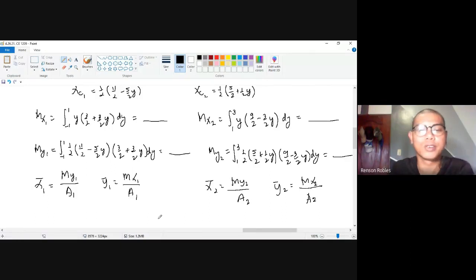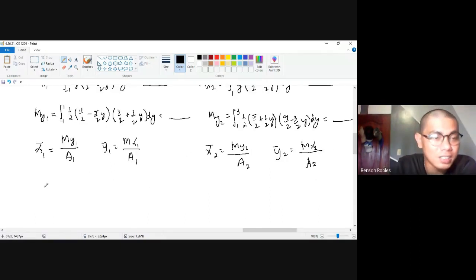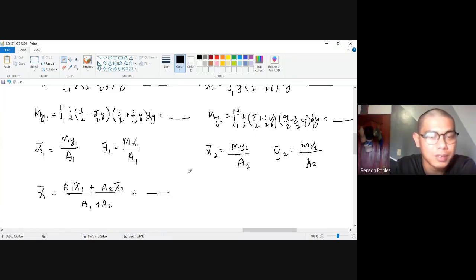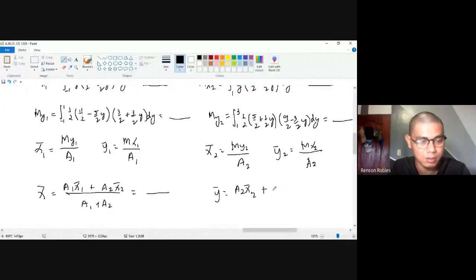Okay, and then makukuha nyo na yung centroid. Centroid bar x equals a1 bar x1 plus a2 bar x2 all over a1 plus a2. Bar y is a2 bar x2 plus a, hold on.